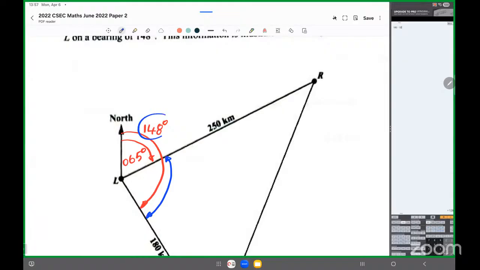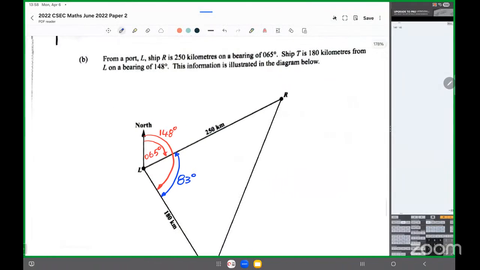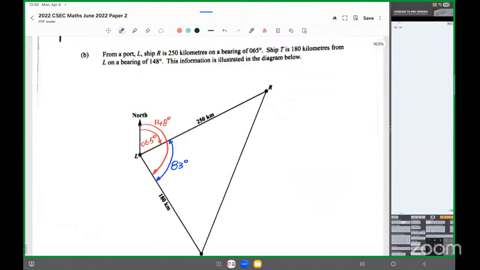So the angle in between here is the difference between these two angles. Simple as that. 148 minus 65 is 83 degrees. So this is 83 degrees. Let's put it down now, as you read the information, populate the diagram.